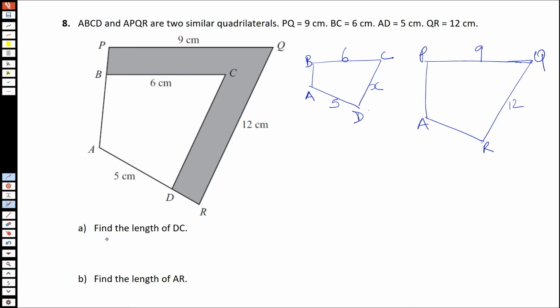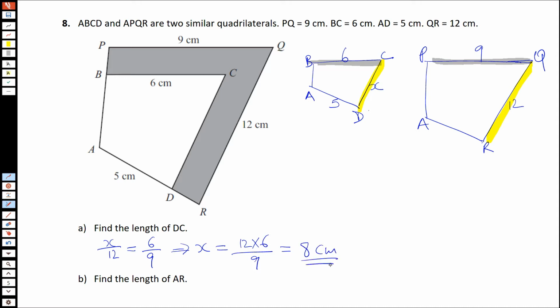So X over 12 should be equal to, and we can pick two corresponding sides like those ones there. So X over 12 should be equal to 6 over 9, which implies that X should be equal to 12 multiplied by 6 over 9, and that will be equal to 8 centimeters. And that's the value of DC.